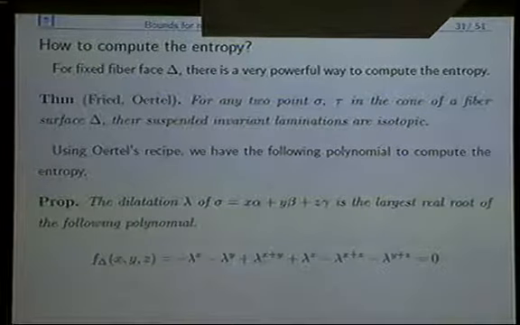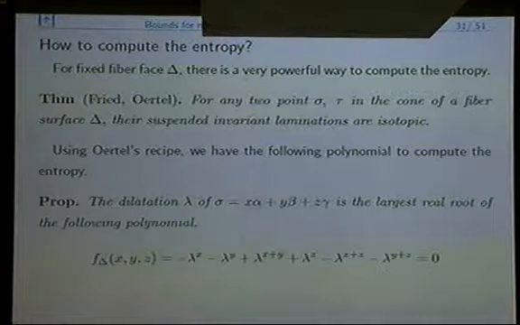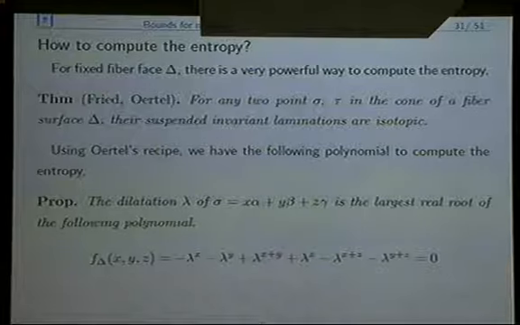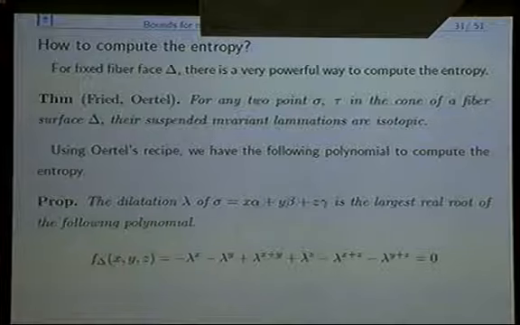The dilatation lambda of this homology class is just the largest real root of the following polynomial. And if you look very carefully at this polynomial, it has only one real root greater than 1. And so let me see.